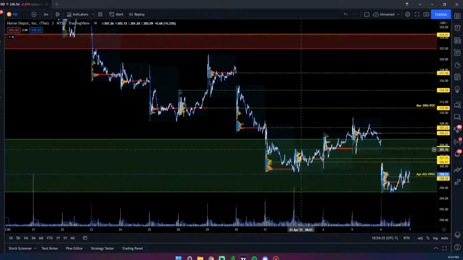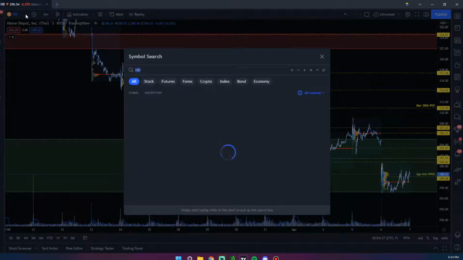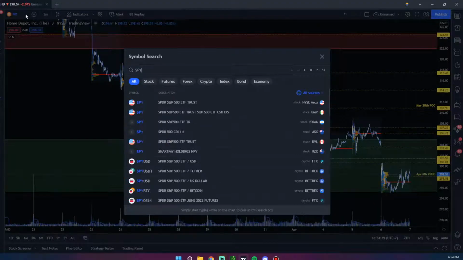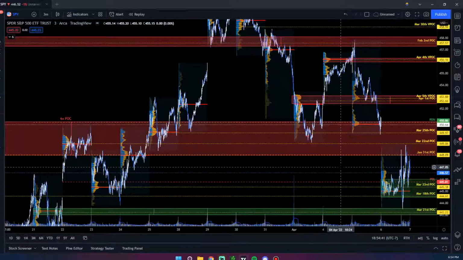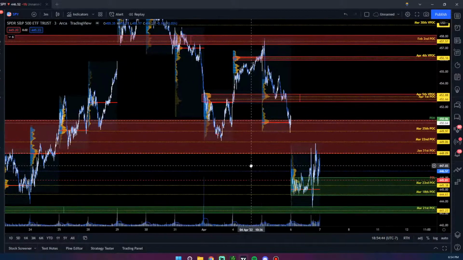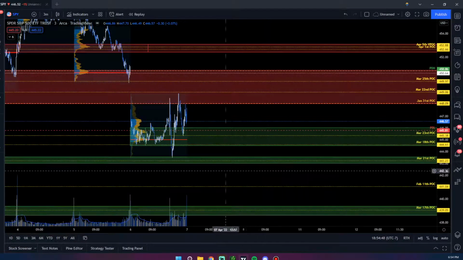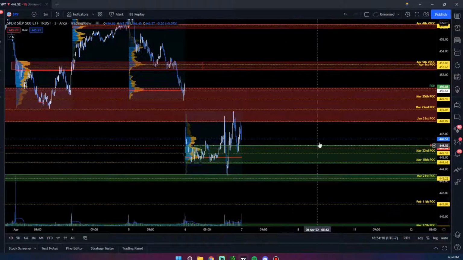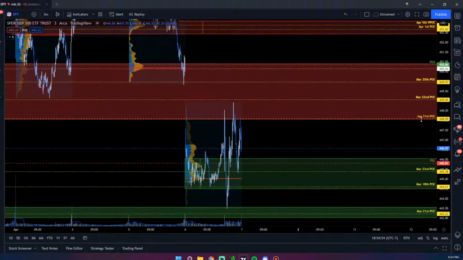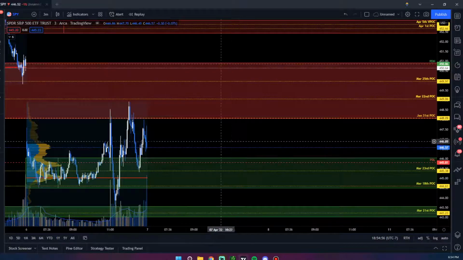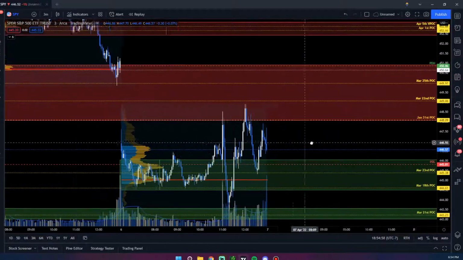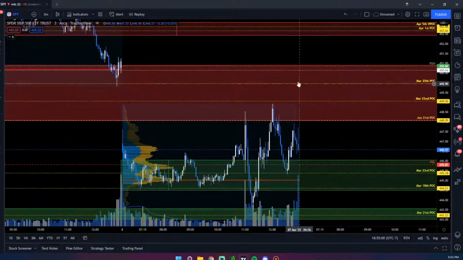Oh, why is the January 31st still on my chart? Where was it? Oh, this one here? Well, I mean, there's actually a few reasons why I have January 31st on my chart. One of the reasons is this area, this huge red area.